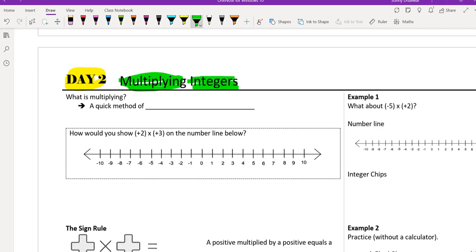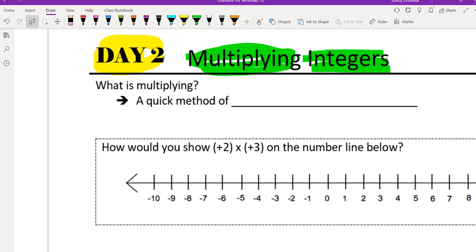Now, going back in history, probably grade 2, you learned how to multiply, and I'm hoping your teacher just showed you that multiplying is really just a really quick way of adding. You learned how to skip count. You went 2, 4, 6, 8, right? And multiplying was just a really fast way of doing it.